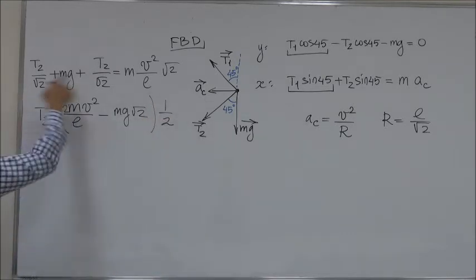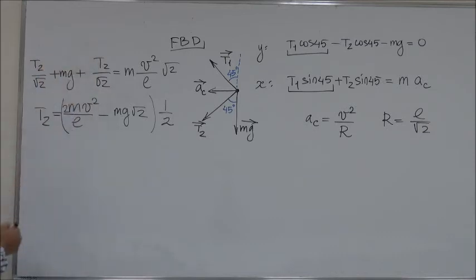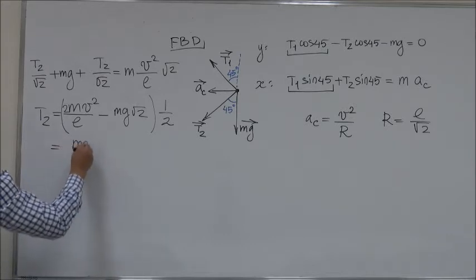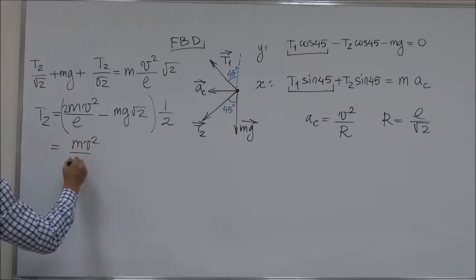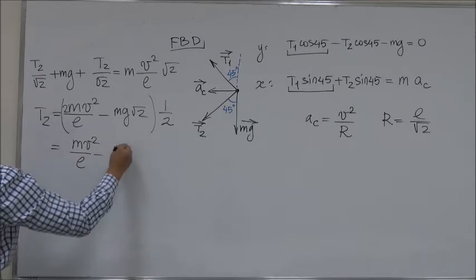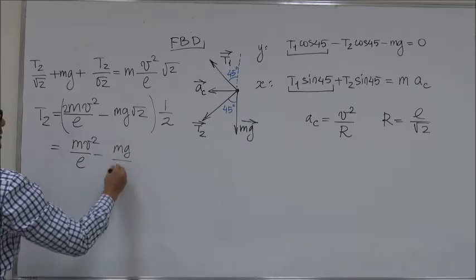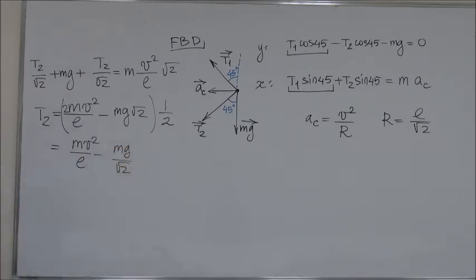So we have two T2s here. So then this is equal to mv squared over L minus mg square root 2. Remember also, we are not given V, but we are given omega.